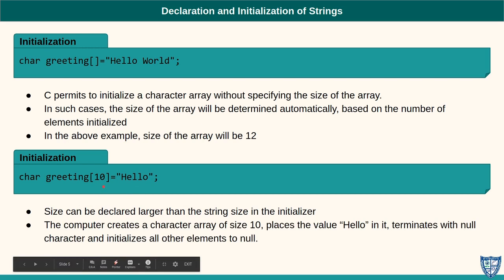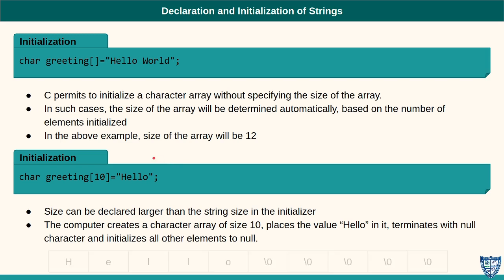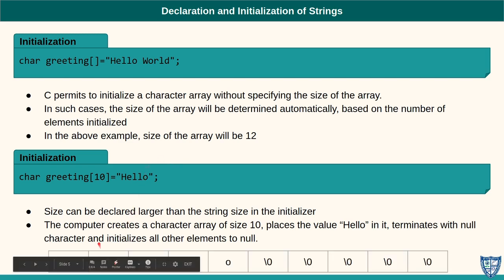So what will be the values in the other places? If you put "HELLO" in the array, greeting[0] will have H, greeting[1] will have E, then L, L, O. What will be the values in the other places?